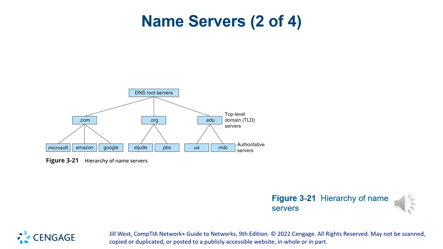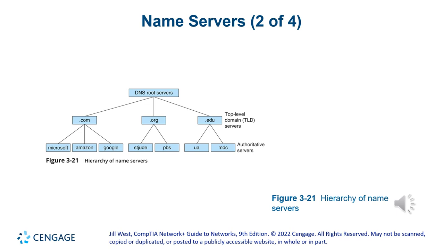The top level domains are the .coms, the .org, the .edu. Now there are tons more top level domains. It's not just .com, .org and .edu. There are many more, and each country can also have their own. I think Germany is .de. I think Colombia is .co, and Mexico is .mx.